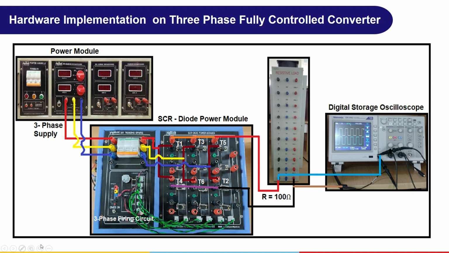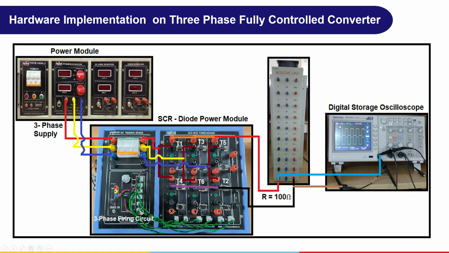Next is the 3-phase firing circuit and a resistive load of 100 ohms. Now you can observe the output voltage across the R load.